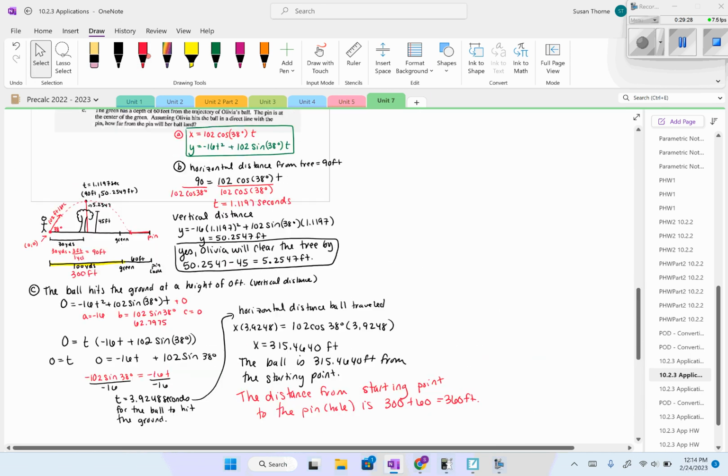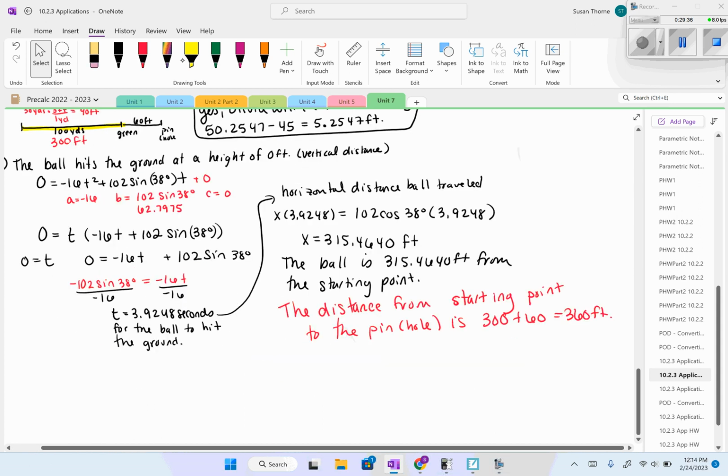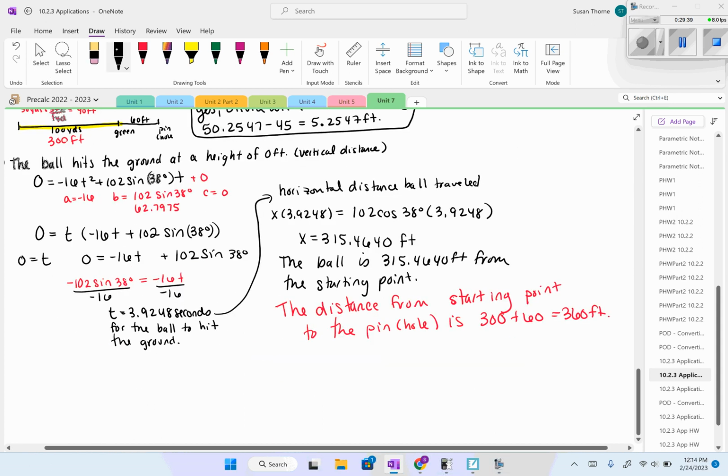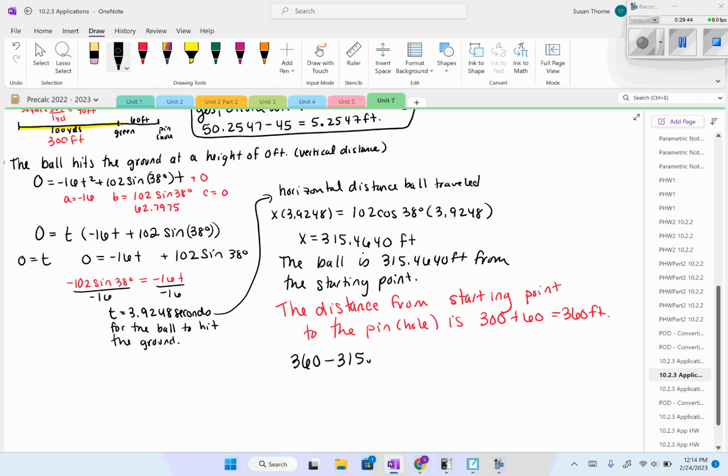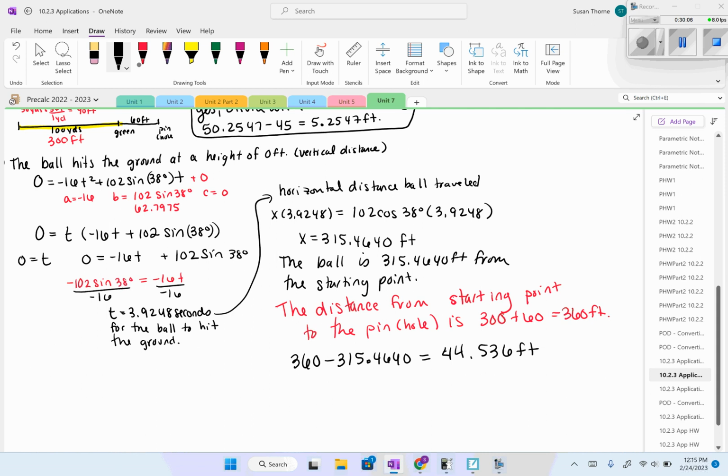So if we want to figure out how far from the pin her ball will land, we're just going to subtract. So now we take 360 minus 315.4640, which gives us 44.536 feet.